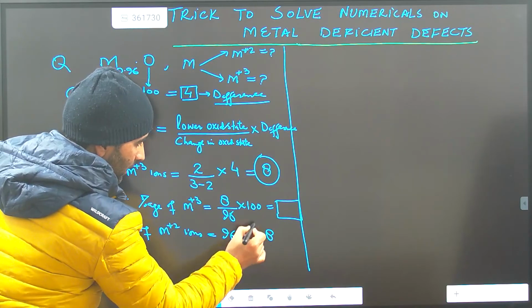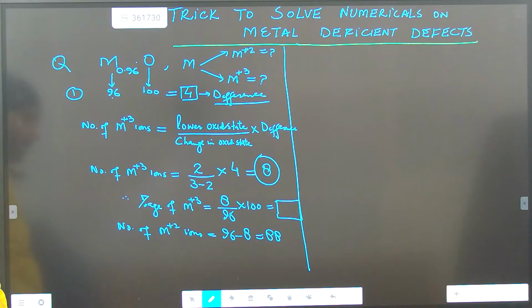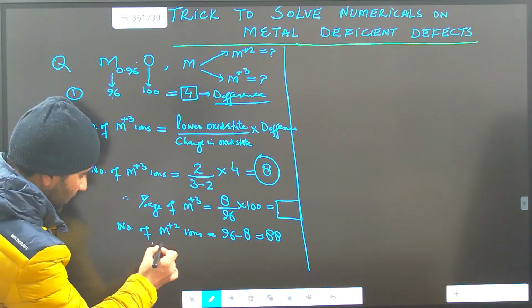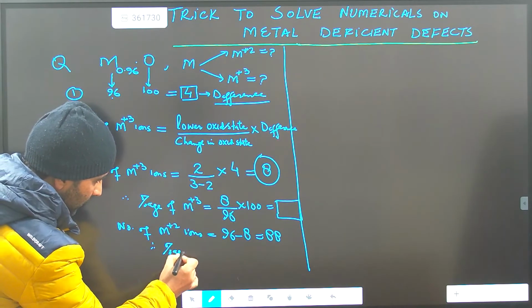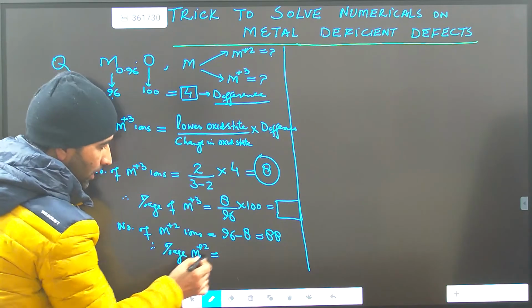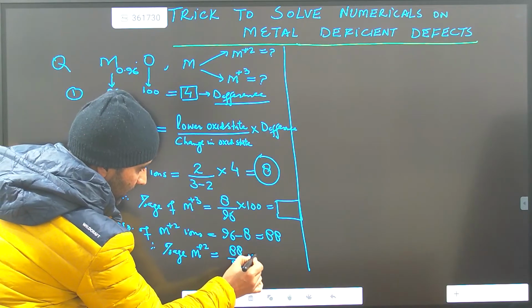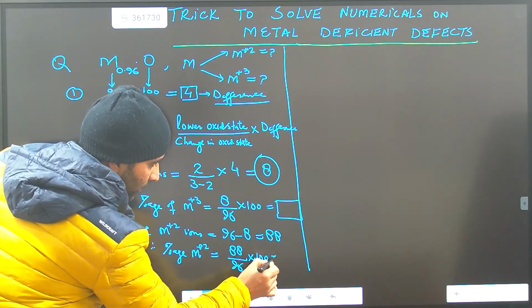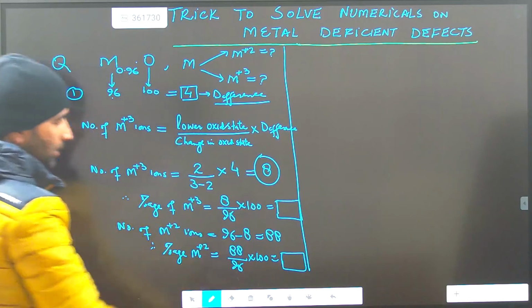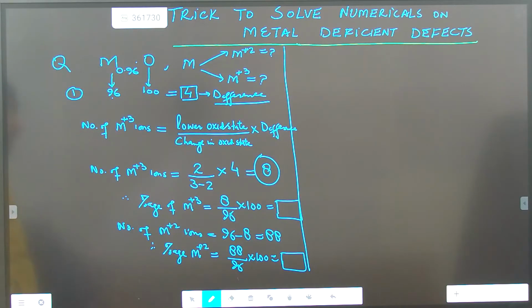That will be 88 number of ions जो है वो वहाँ पे M plus 2 ions हैं. Therefore percentage M plus 2 अगर आपको निकालना होगा, that will be equal to 88 divided by 96 into 100. So you can find the answer of this question. So this will be easy for you now. Within 1 minute you will be easily able to solve this question.